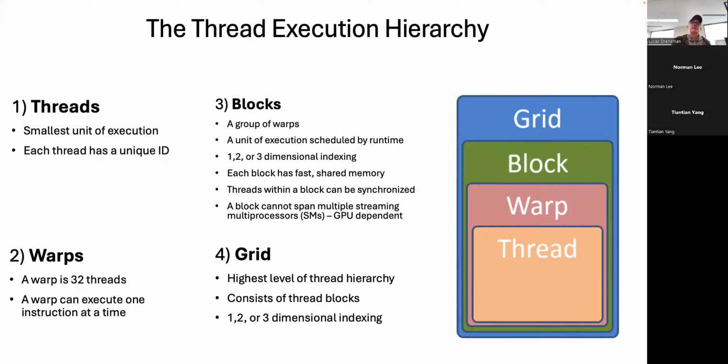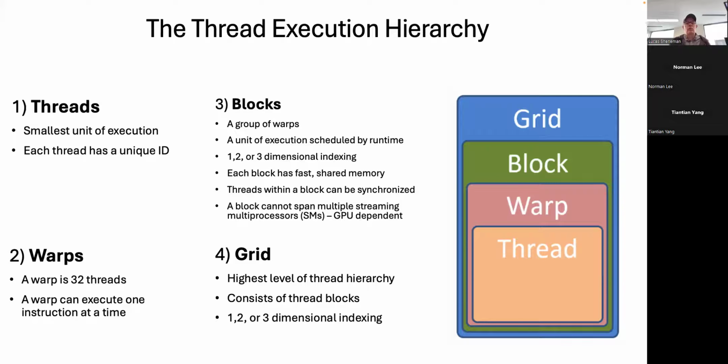So that means that if you have 32 threads in your warp, you can only execute one instruction at a time. And so you better hope that all 32 of your threads execute the same instruction, right? Because that way you'll have more optimal code. And I'll talk about what's called warp divergence in a second.